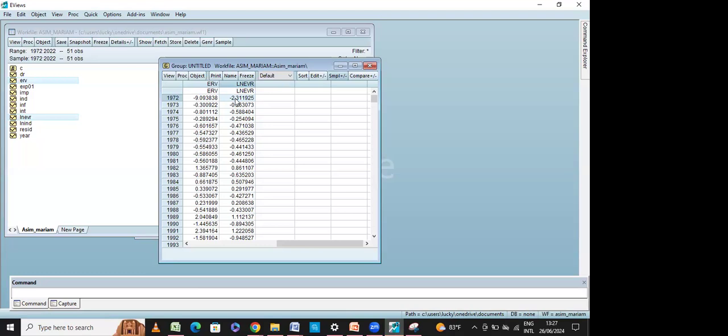Once we create the log form, elasticity exists among the variables and we can easily interpret our results. So if I want to calculate ARDL for the best result, it is highly recommended to convert the variables into elasticity form.